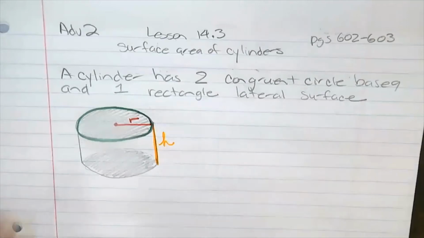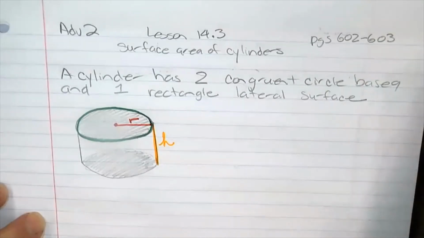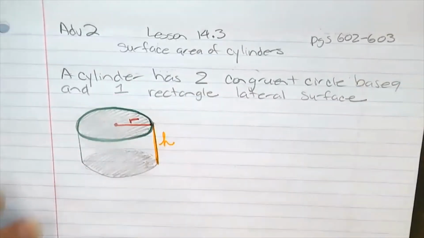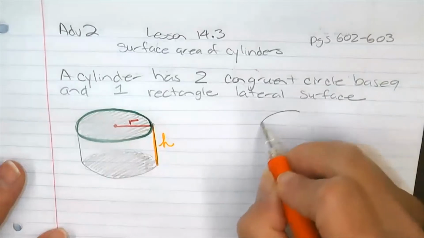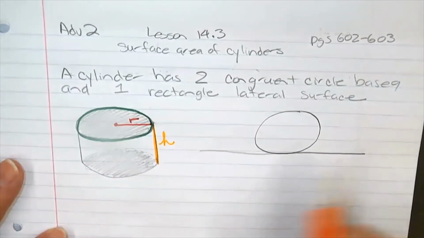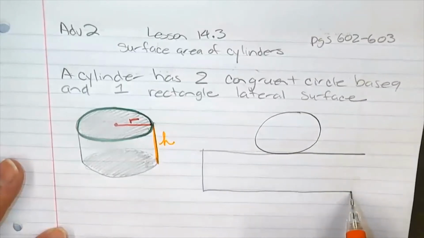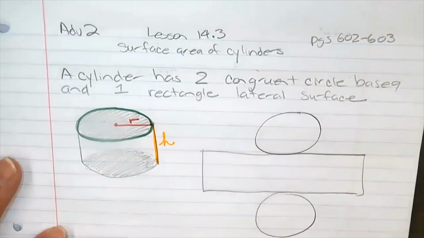So let's take this cylinder and let's unfold it. Right now, this is a three-dimensional cylinder. Let's unfold it so we can see what shapes we're dealing with. We're dealing with a circle, a rectangle, and another circle.